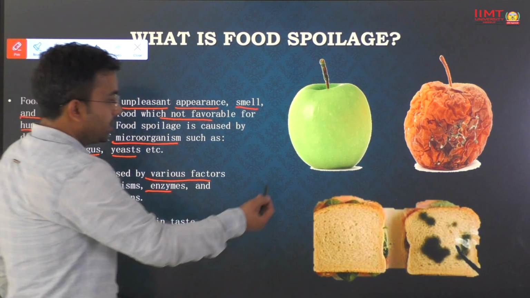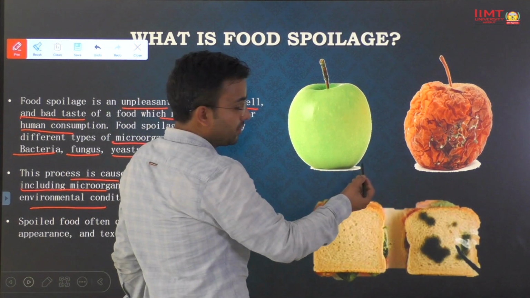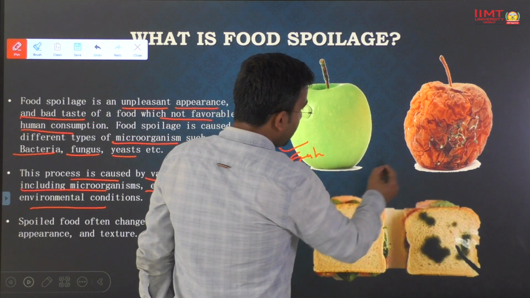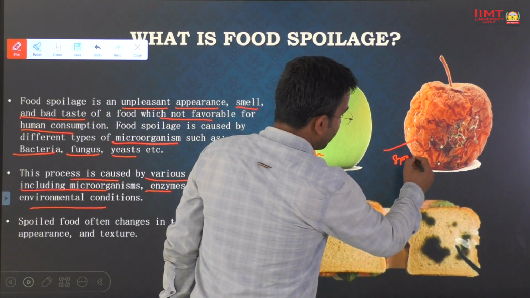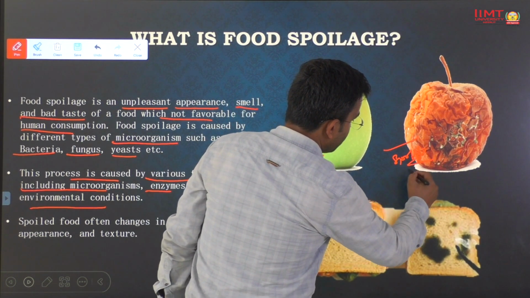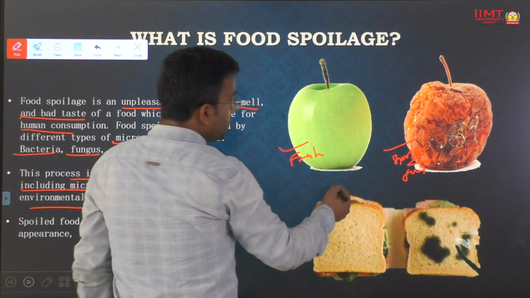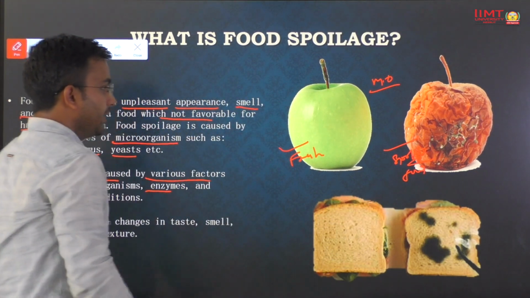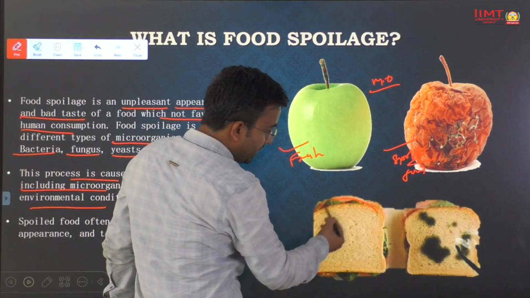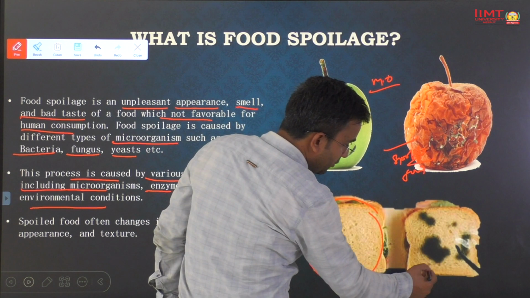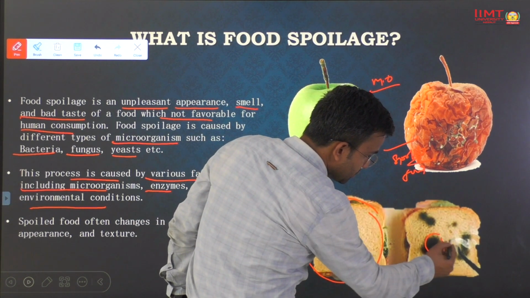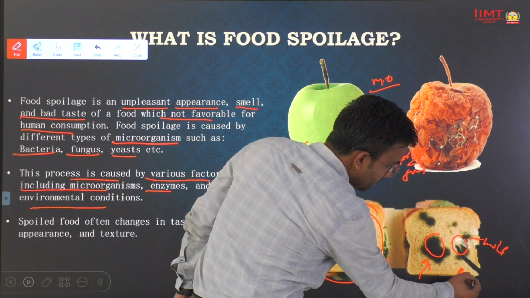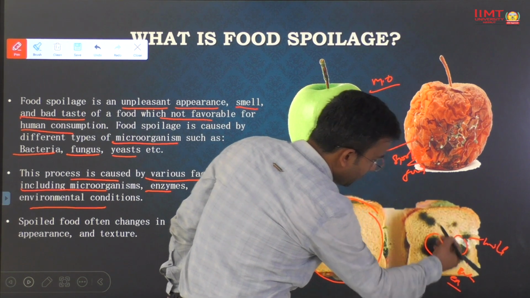Here we see a fresh fruit and spoiled fruit, spoiled due to microorganisms. And here we also see fresh bread, and here we found portions of mold, bacteria, etc. on the bread.